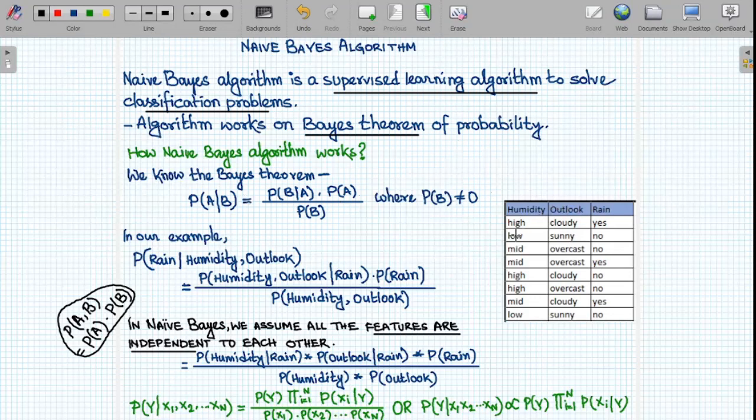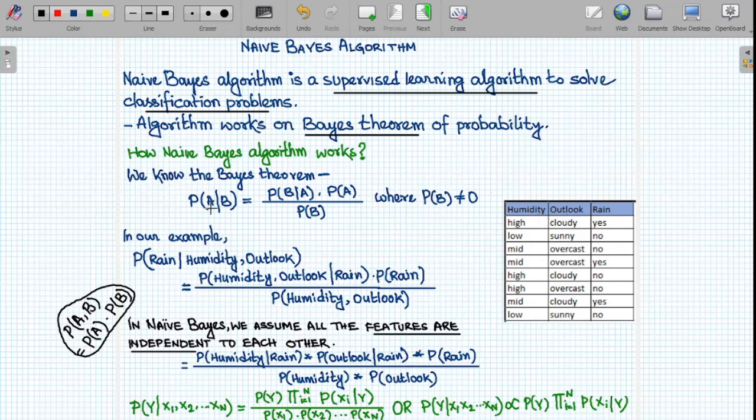For simplicity, I have taken a small example here, where based on humidity and outlook, we will be predicting if there will be rain for a particular day or not. So rain will be our dependent column or the target column, what we will be predicting based on humidity and outlook of that day. So humidity and outlook are independent variables in our problem statement.